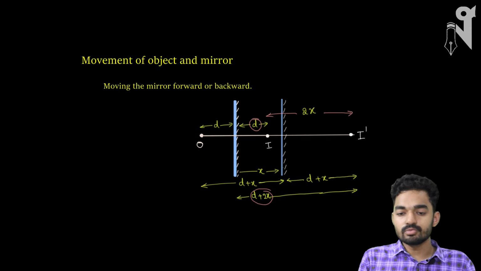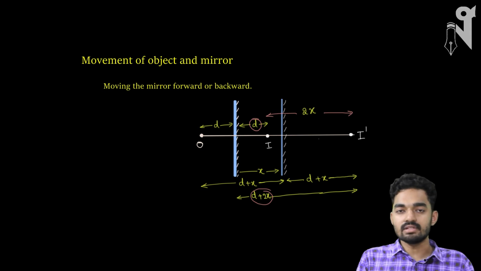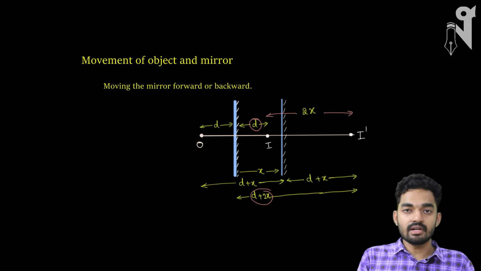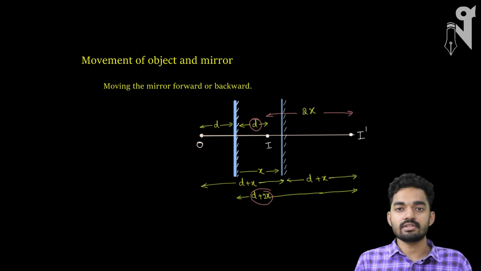So if the mirror moves by a distance x, the image will move by a distance 2x. Here in this case, the mirror has moved backwards, away from the object. So I'm going to call it backwards. The image has also moved backwards, but the distance it moved is twice that of the mirror.